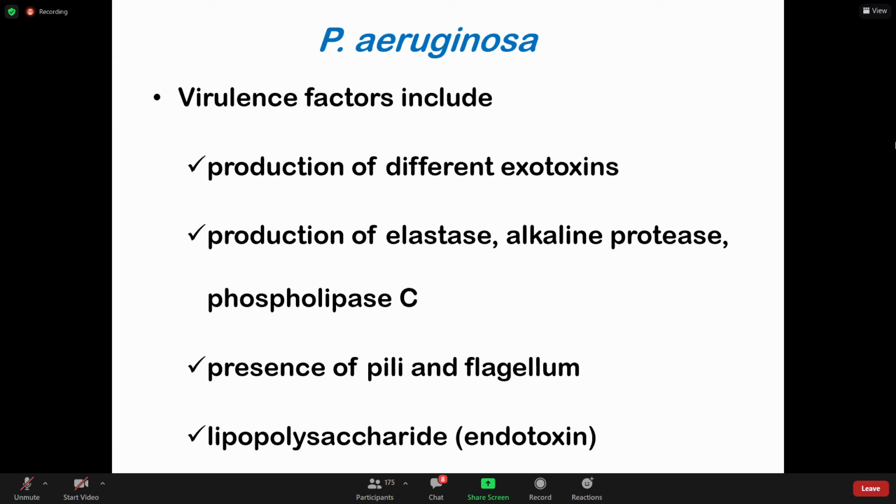Then we have the presence of pili and flagellum. Pili will enhance colonization. Flagellum will enable the organism to move rapidly from one site to the other. And being a gram-negative, lipopolysaccharide is also a virulence factor. That's the endotoxin.